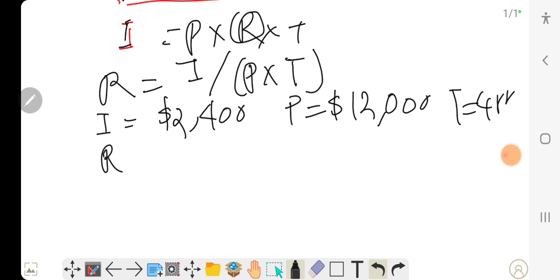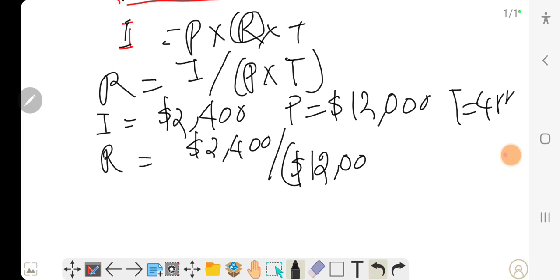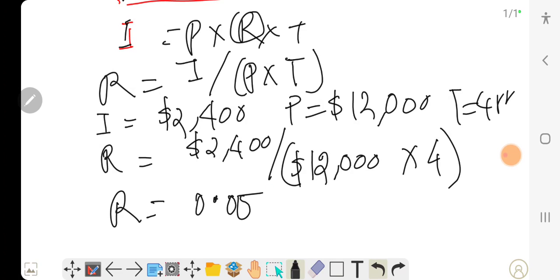So R is going to be the interest amount 2,400 divided by the principal, which is $12,000 multiplied by 4. So the interest rate is going to be 0.05, or 5%.